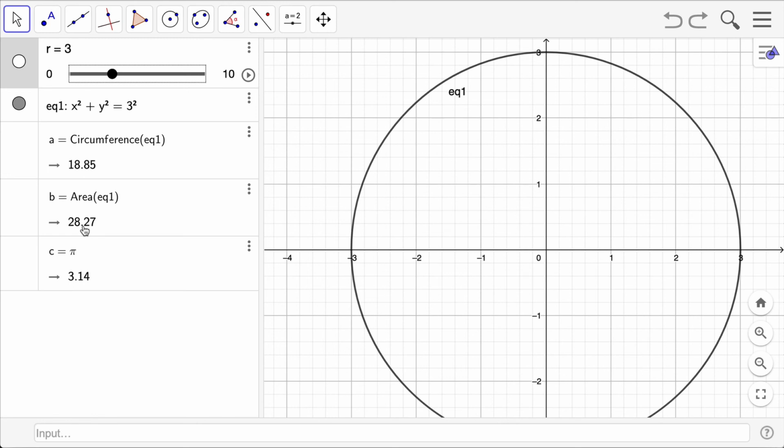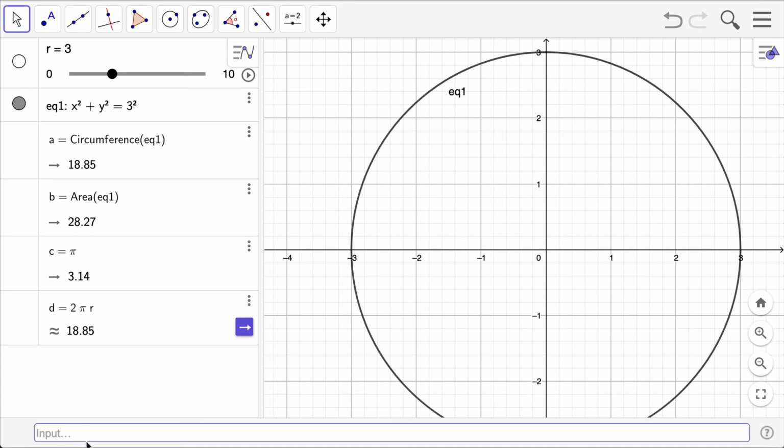How is 9 related to 3? Well, that's 3 squared. So hypothesis at this point is the circumference is 2 times pi times r, and the area is pi times r squared.